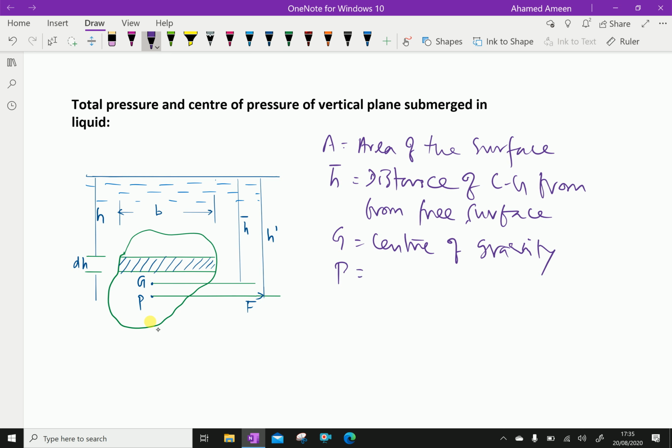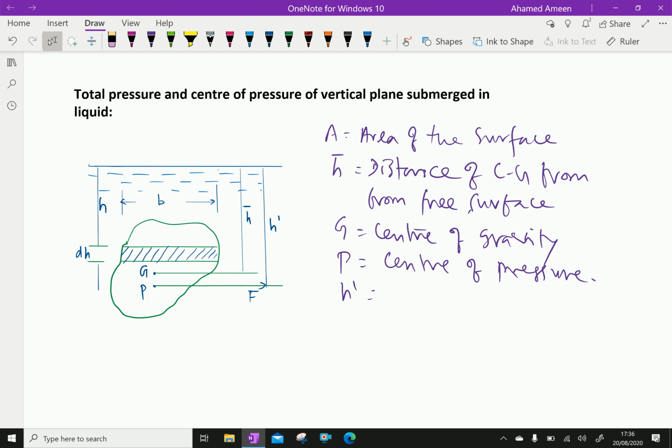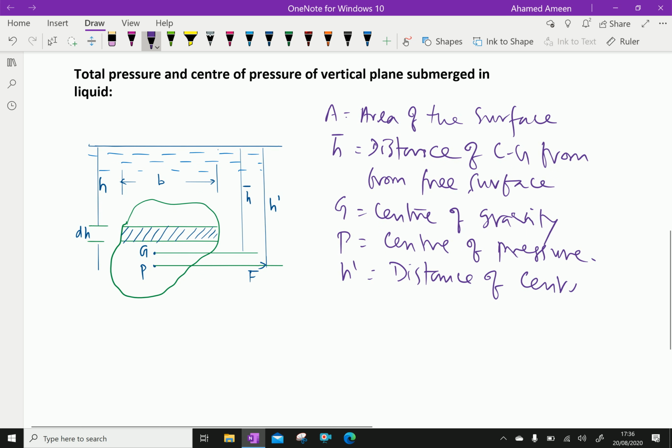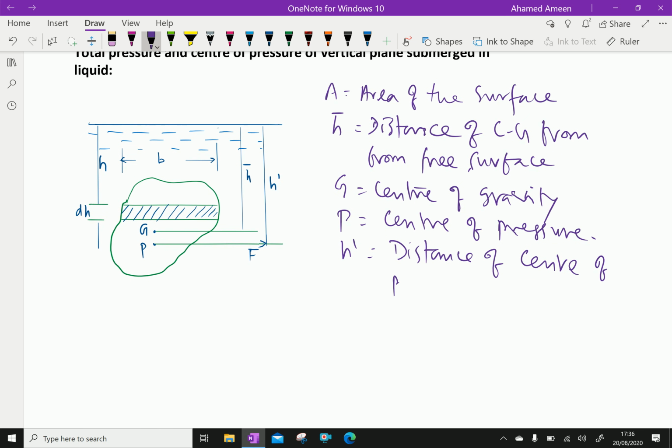P equals center of pressure, and h dash equals the distance of the center of pressure. This is the point P from the free surface. This is h dash, the distance of the center of pressure from the free surface of the liquid.